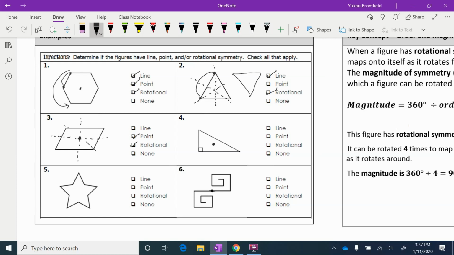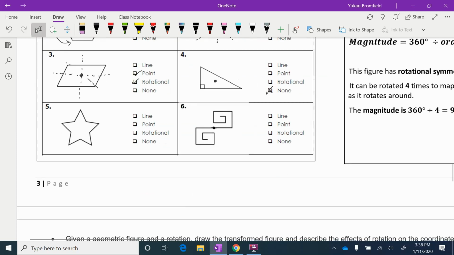If we rotate it 180 degrees, it certainly is not going to give you that same triangle back, so it doesn't have a point symmetry. And what about rotational? Usually, a triangle could have a rotational symmetry, but here, none of the sides are the same. And so every time we move that triangle, even at 120 degrees, it's not going to give us the same. So this one has no symmetry.